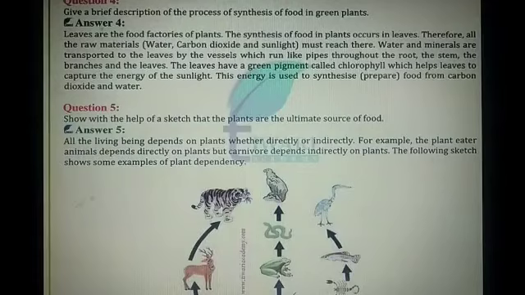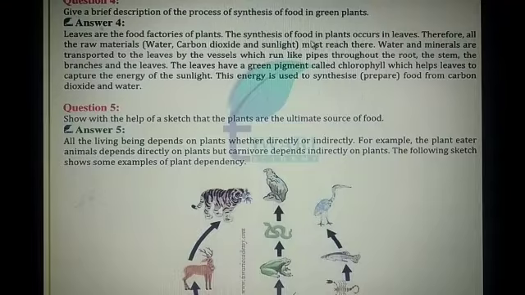Give a brief description of the process of synthesis of food in green plants. You all know the process of photosynthesis. Actually, the leaf of a plant is known as the kitchen of the plant. Okay, here you see the answer. Leaves are the food factory of a plant.